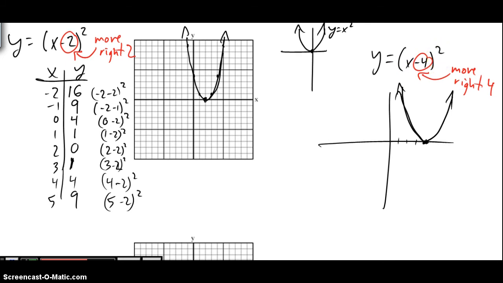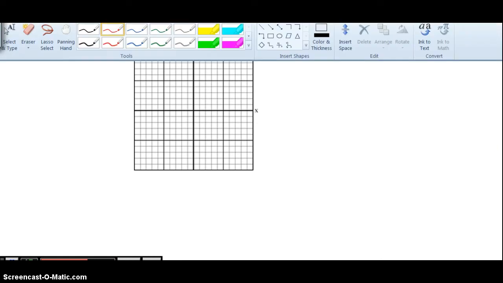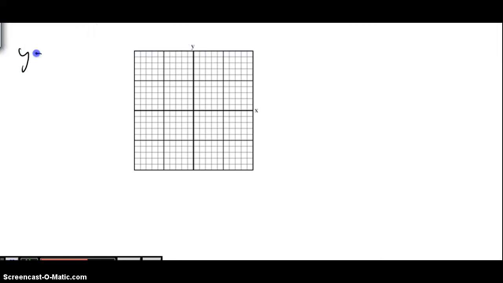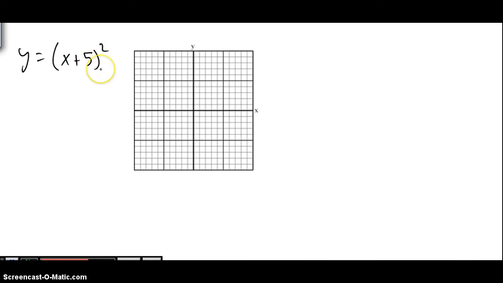So that would mean that if we had something that looked like y equals x plus 5 squared, what would plus 5 mean? This means move which direction? Move left 5.